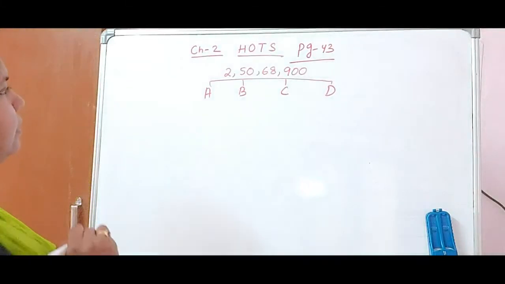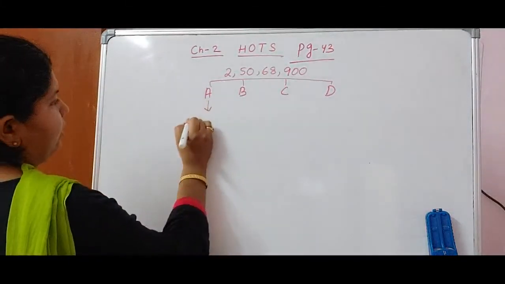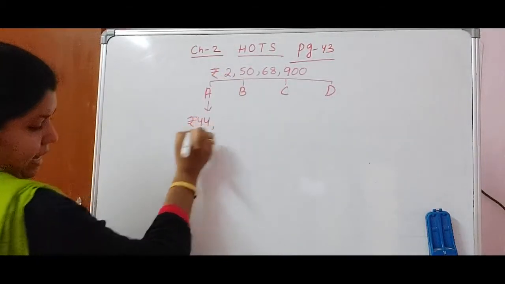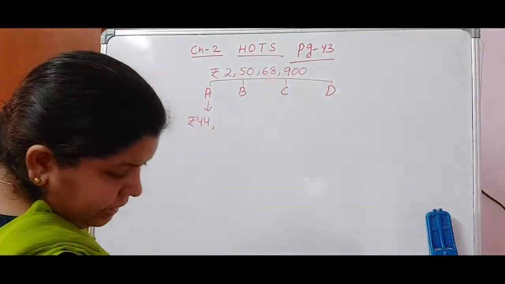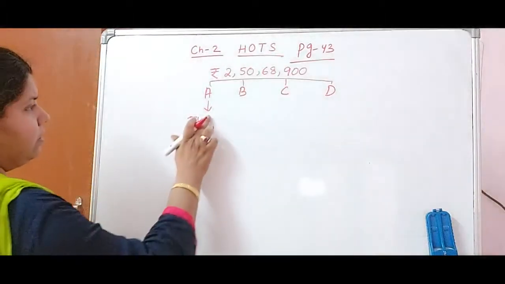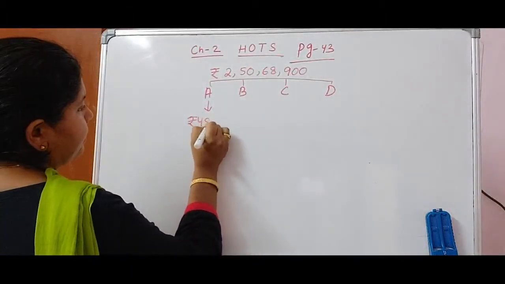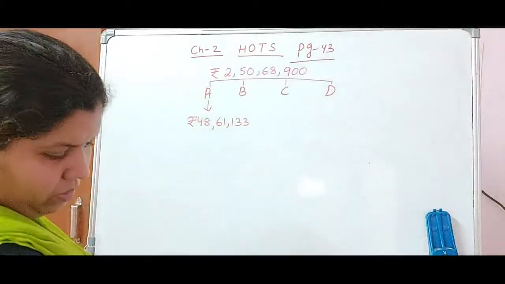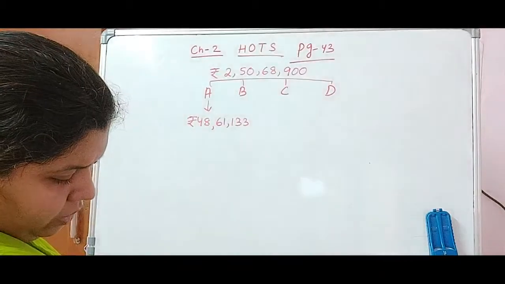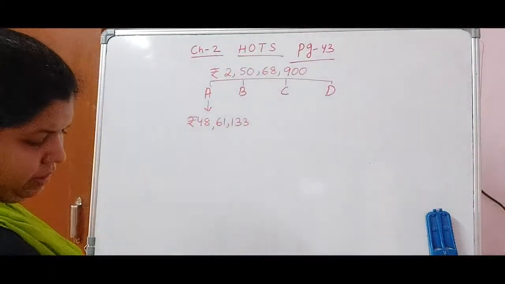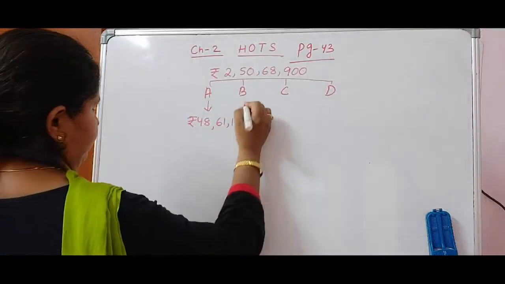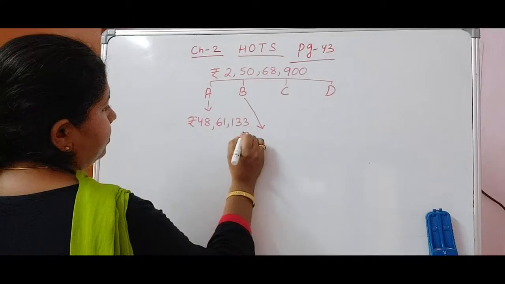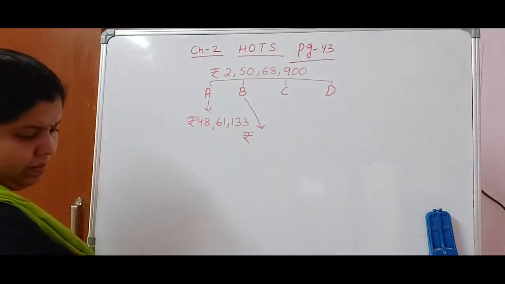Okay, and from A, the amount that was collected was rupees 48 lakhs 61,133. And your B, from NGO B, how much amount has been collected?